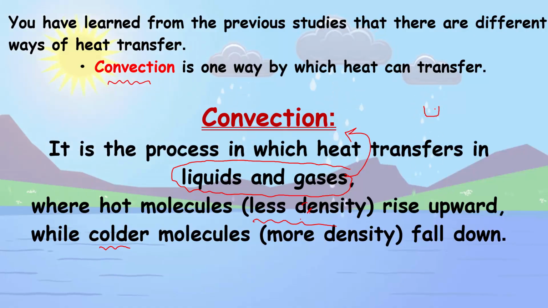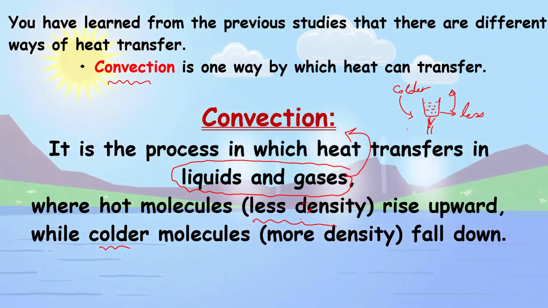Here, if you have some liquid in this bottle, like this, and you heat it, when you heat it, its density becomes less. Then it moves up. When it becomes colder, its density becomes high, so it goes down.